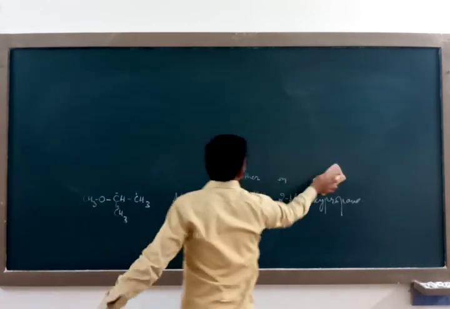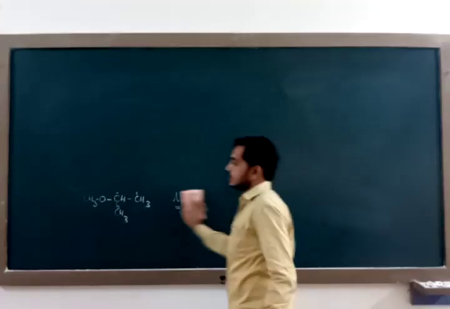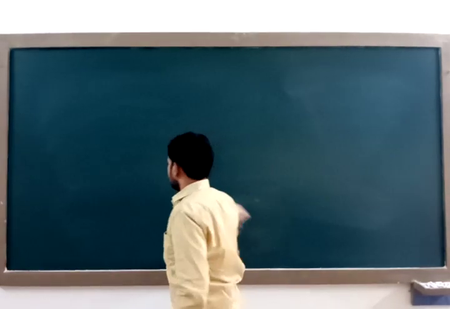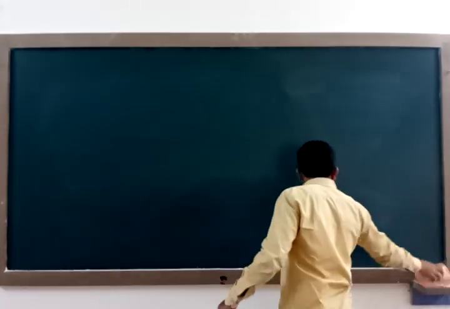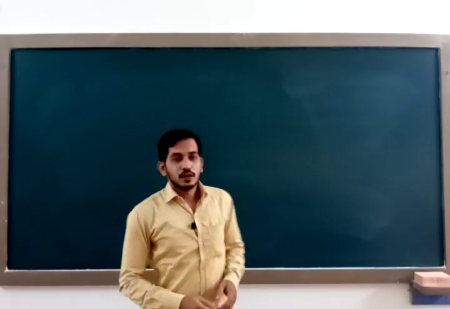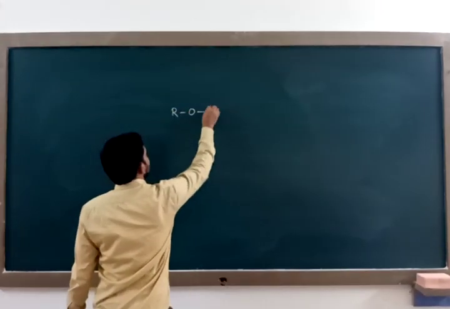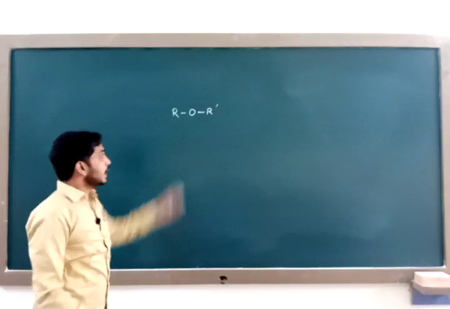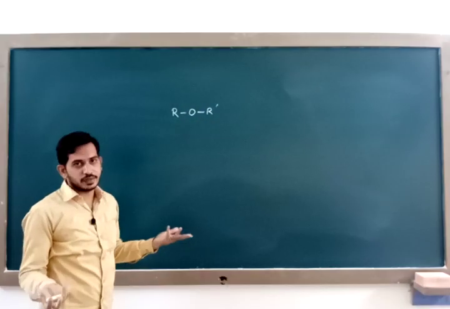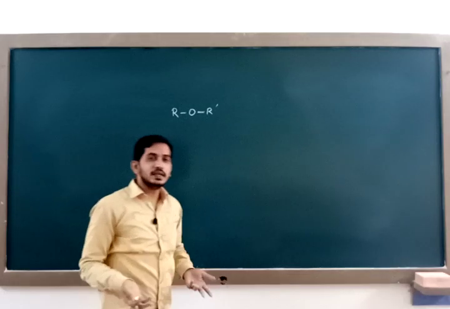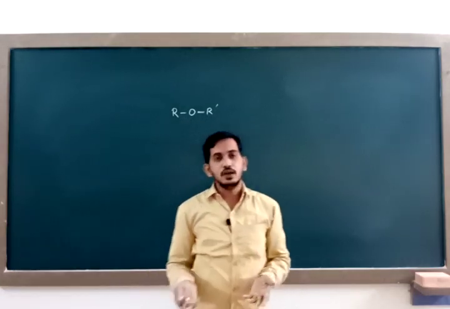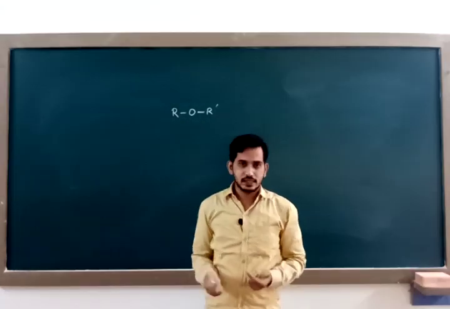Now after these nomenclature examples, we shall see the structure of ethers. Why this is important: we generally write ethers as ROR', where R and R' may be the same or different. If they are the same, we call them symmetrical ethers. If they are different, we call them unsymmetrical ethers or mixed ethers.